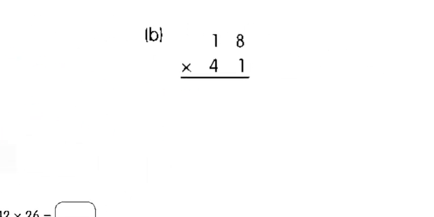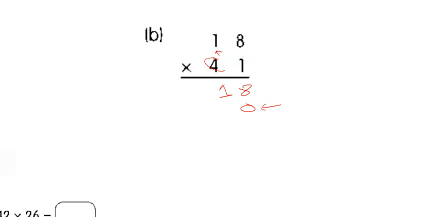Let's multiply 18 times 41. Start from the units. 1 times 8 gives me 8. 1 times 1 gives me 1. Put 0 because I will multiply by 4 here, so I will multiply by 40. Instead of multiplying by 40, put 0 and deal with 40 as 4.